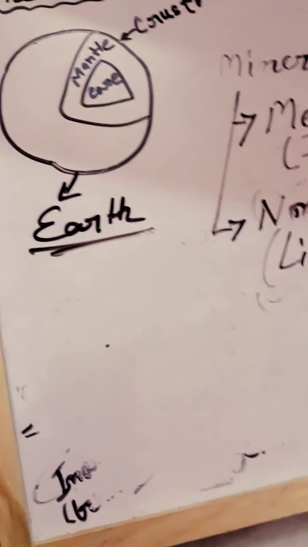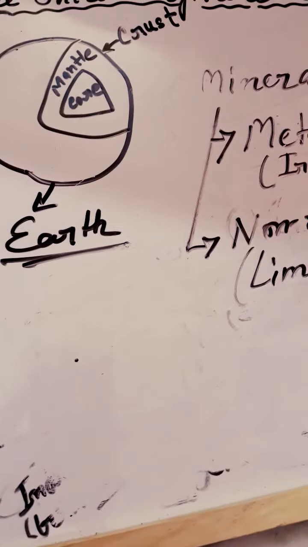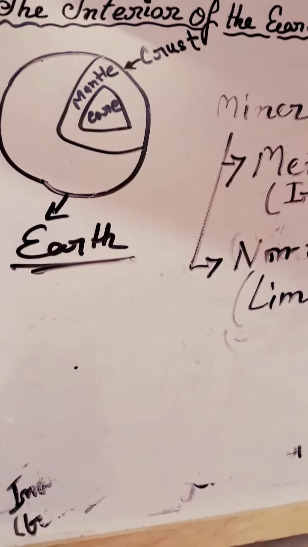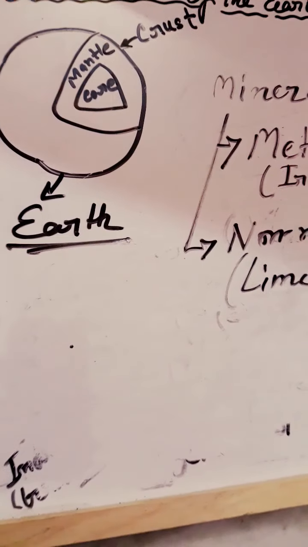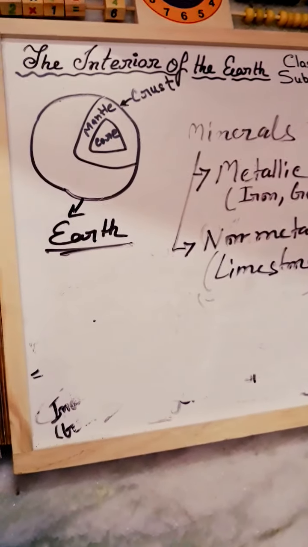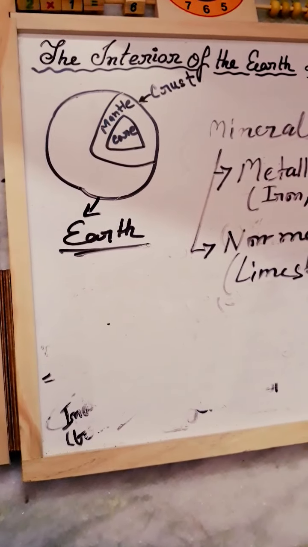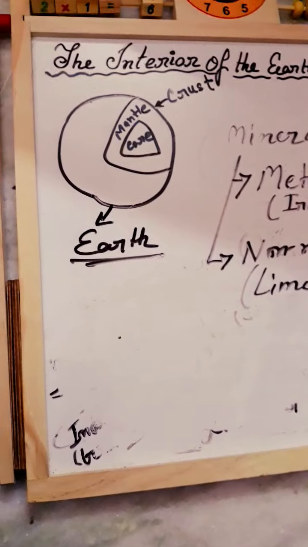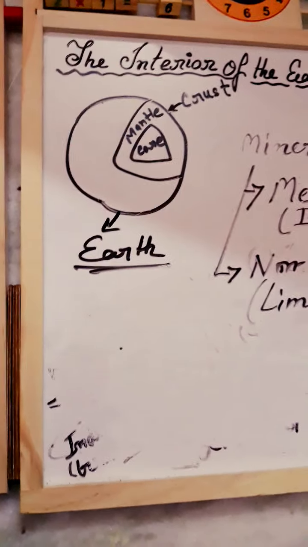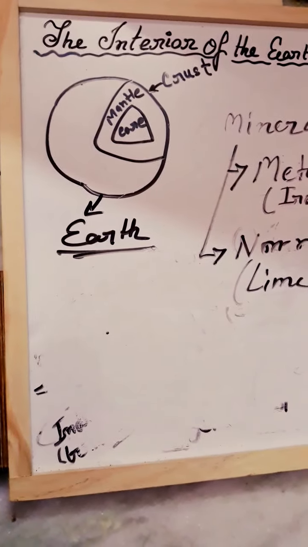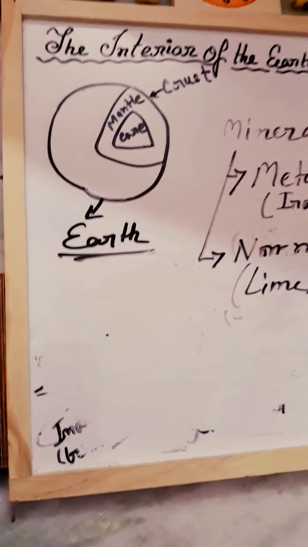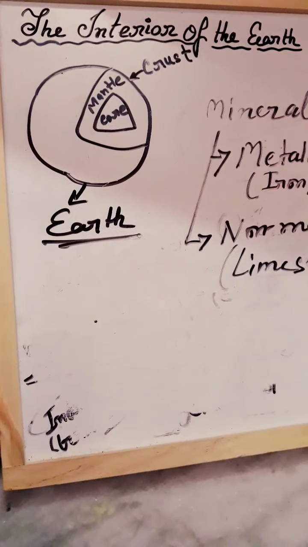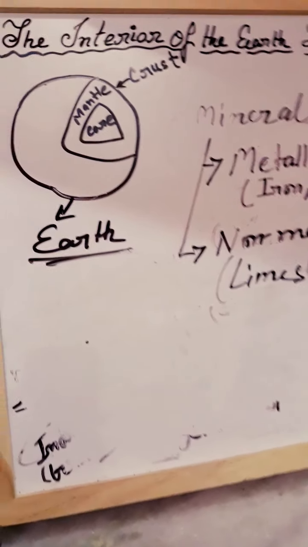So each rock is interrelated with the others: igneous rocks, sedimentary rocks, and metamorphic rocks. Metamorphic rocks are further turned into magma with extreme heat. The magma will next turn into igneous rock, then sedimentary rock, and lastly metamorphic. In this way the cycle goes on. That's why this is known as the rock cycle.